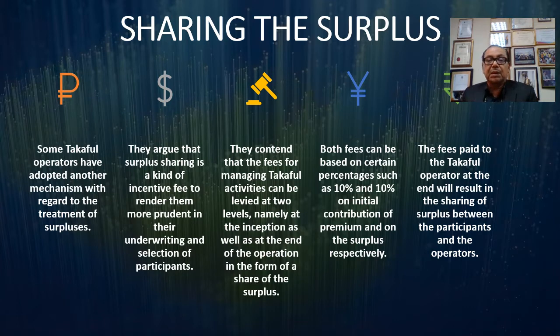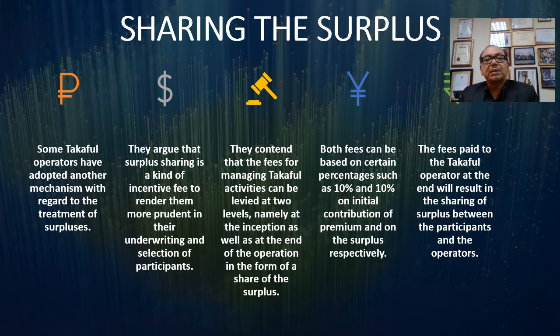So let me explain here. We've been saying that all the surplus must go back to the policy holders after deducting the expenses by the takaful operator. But some takaful operators have another concept. They are copying a little bit like the conventional insurers, saying they should not only be paid fees to operate the takaful, they also want a part of the profit as an incentive for them to work harder to make more money for the policy holder.